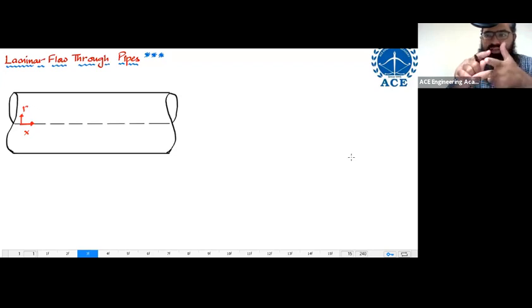After seeing these three velocities, we are going to look at discharge. All those things we'll try and look at in this particular slide itself. So first thing first, the velocity profile in the case of laminar flow is supposed to be parabolic in nature. You're supposed to remember this thing. Don't worry, I'll mention that as a note.